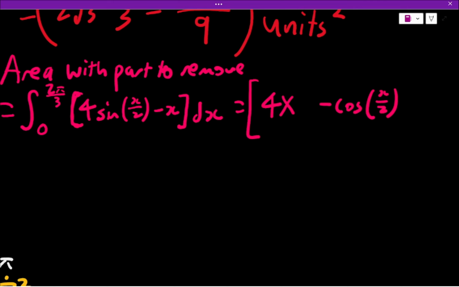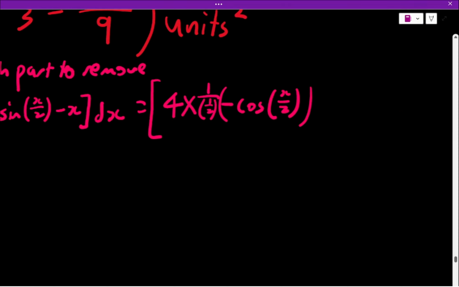However, we have to multiply by 1 over the coefficient of x. The coefficient of x is half. Then we got to multiply by all this. Alright, next we have to integrate x. That is pretty straightforward. It's just going to be x to the power of 2 divided by the new power, 2. We're going to integrate from 0 to 2 pi over 3.